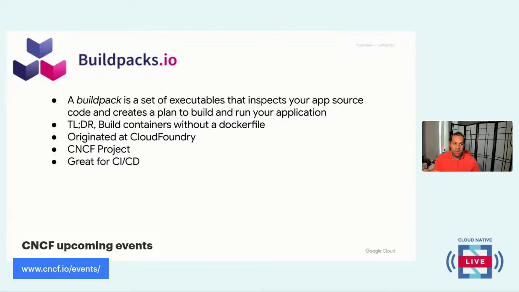A buildpack is essentially a set of executables that you can put into your Git repo, or if you're doing local development, your local source folder, and it will detect what you're trying to build, Python code, Go code, whatnot, and build that Dockerfile for you in your CI/CD platform, then build that container, put it in a registry, and deploy it.